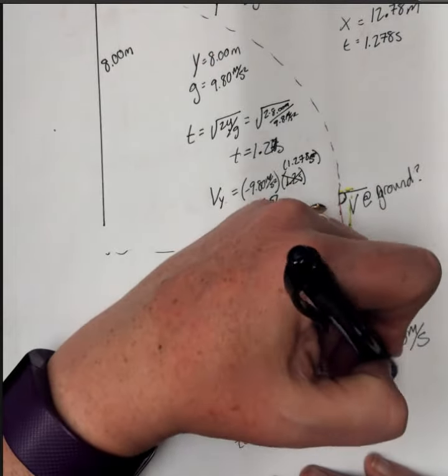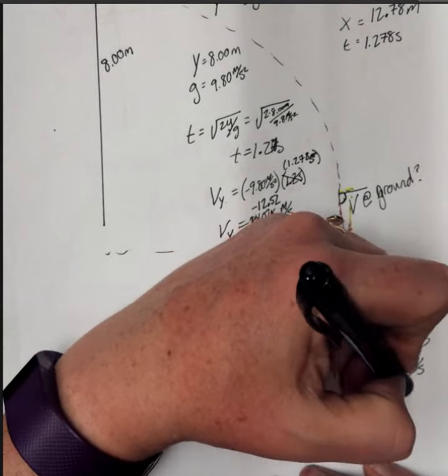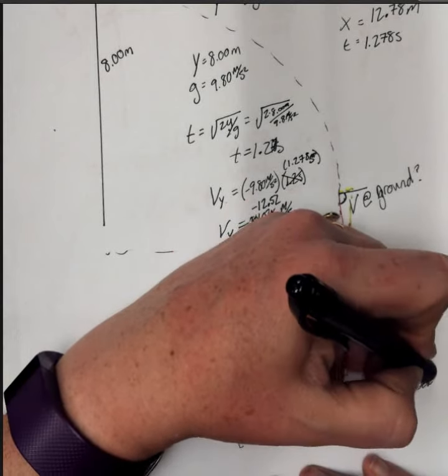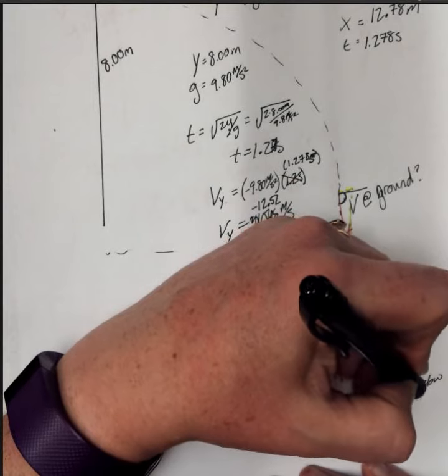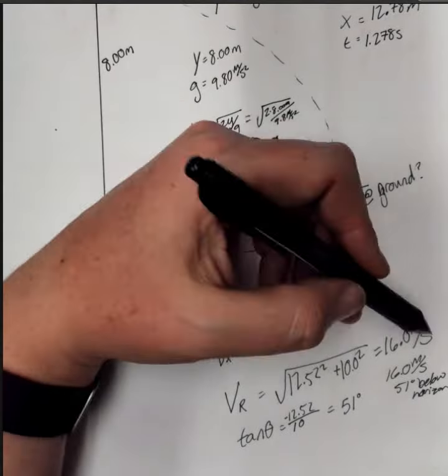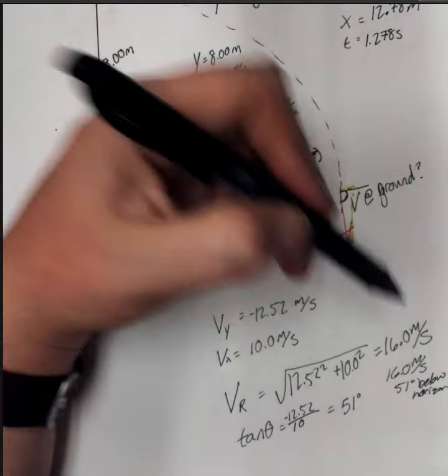So it's 16.0 meters per second at 51 degrees below the horizon, or below x.